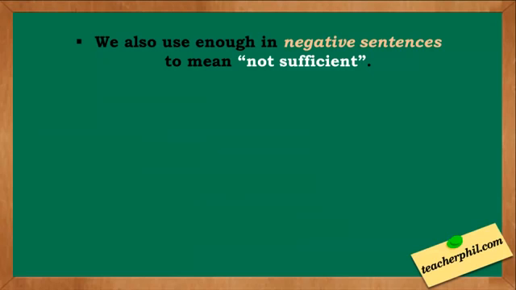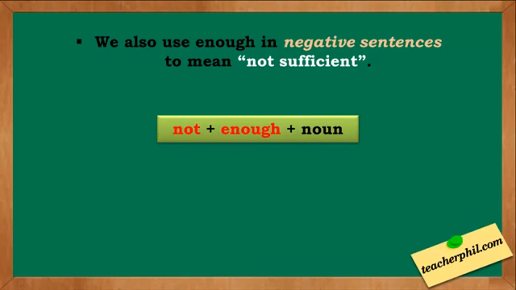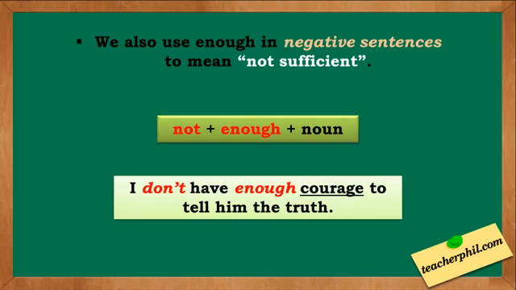We also use enough in negative sentences to mean not sufficient. If it is with a noun, then we have the structure not plus enough plus the noun. Example: I don't have enough courage to tell him the truth. We have here the negative don't plus enough plus the noun courage.